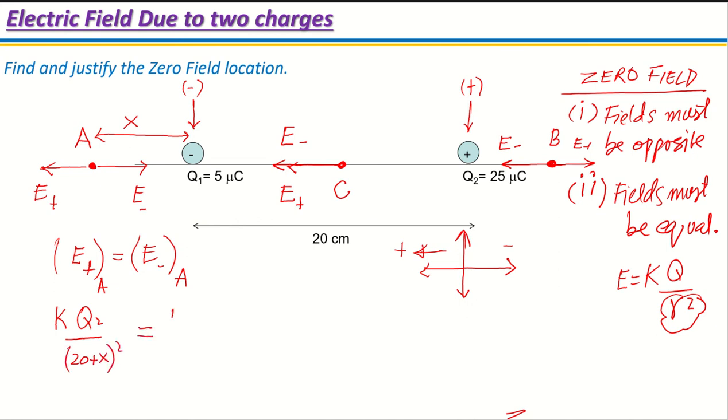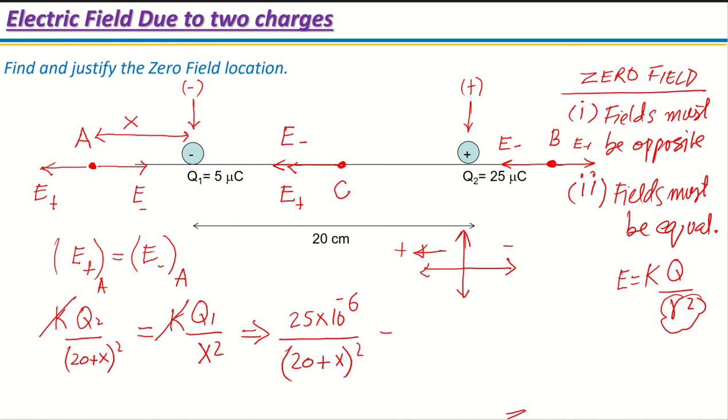And due to Q1, k is cancelled. Q2 is 25 microcoulomb divided by 20 plus x, squared. I did not change this into meters. There is no need, because on both sides it appears.